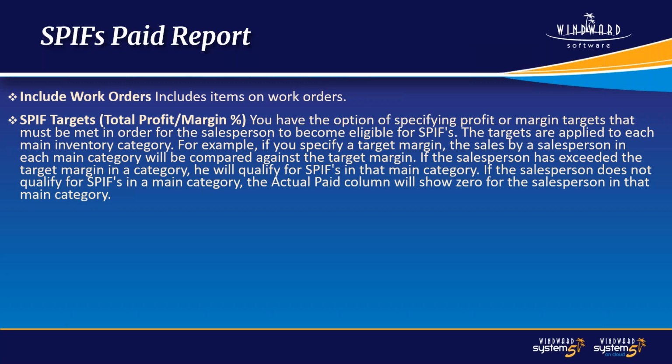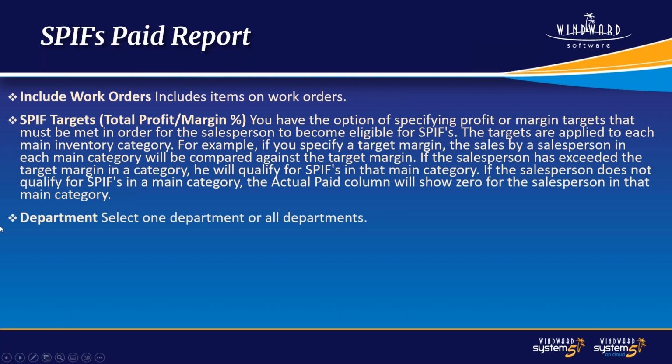If the salesperson has exceeded the target margin in a category, he will then be qualified for the SPIFFs in that main category. If that salesperson does not qualify for the SPIFFs in the main category, the actual paid column will show 0 for the salesperson in that main category. I will show you later on how this works.